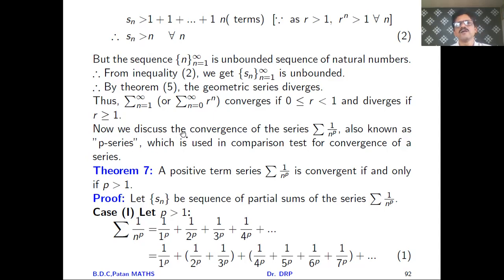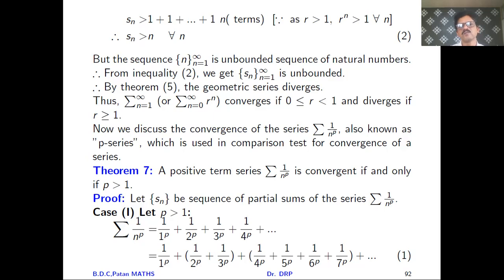Now we discuss the convergence of the series summation 1 upon n raised to p. This is also known as the p series, and it is used in the comparison test to check the convergence of a series.